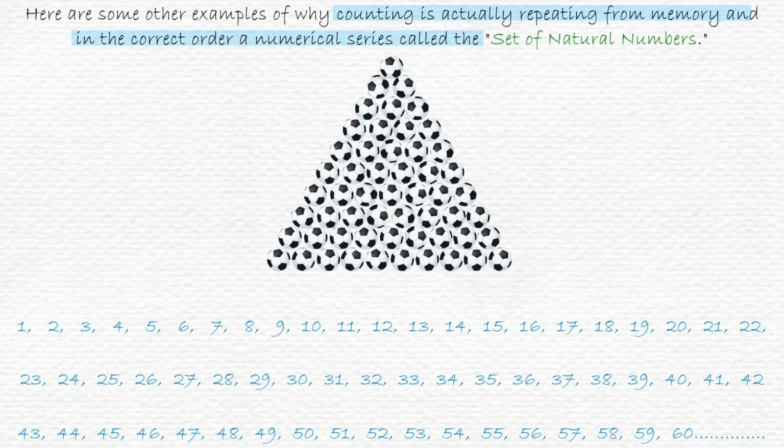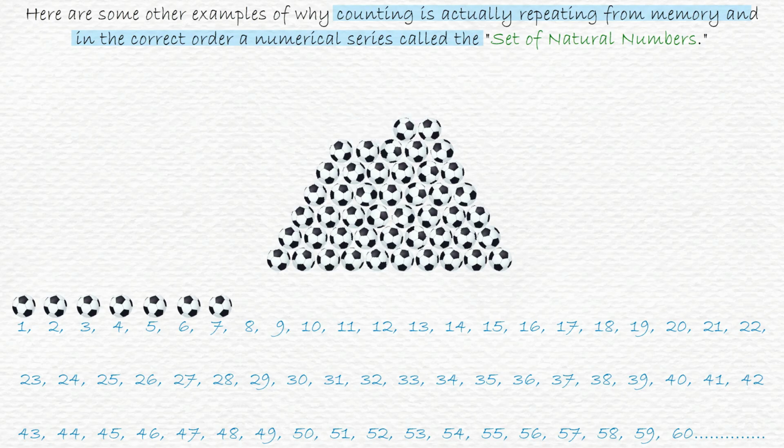Here are some other examples of why counting is actually repeating from memory and in the correct order a numerical series called the set of natural numbers. Observe the set of balls. To count, you have to relate it to the set of natural numbers.